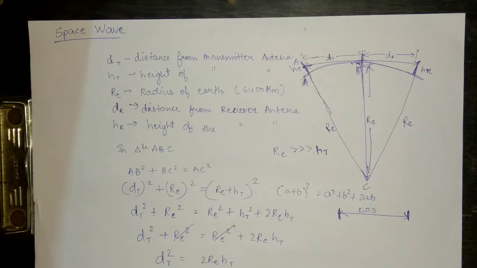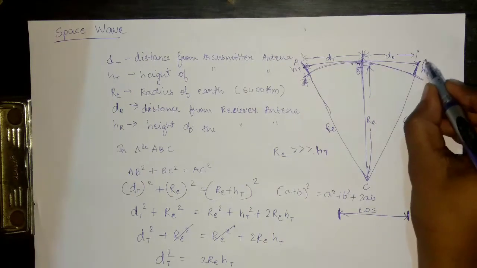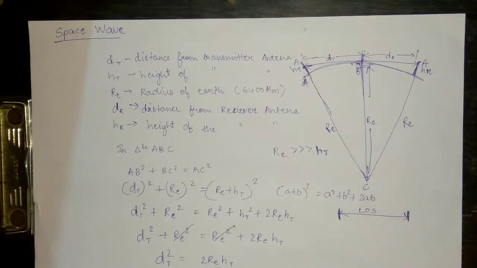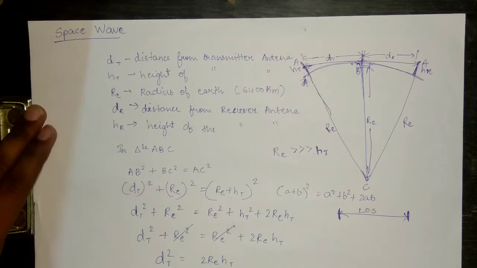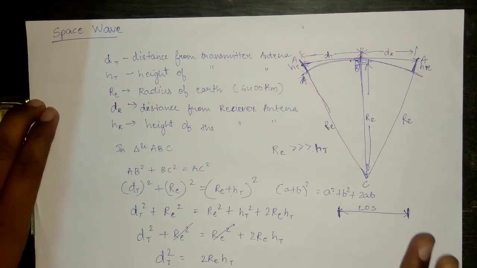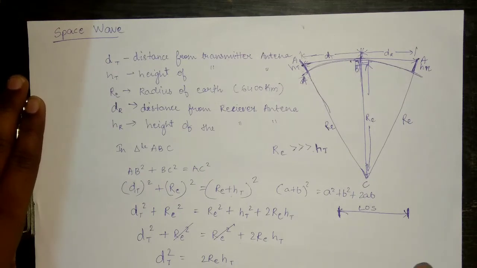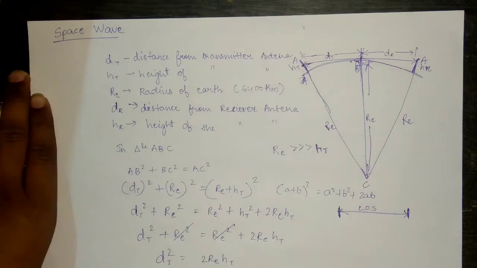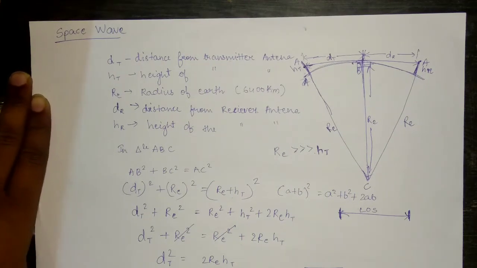Similarly, if you take this here A, then you can also calculate the DR. Please try to calculate DR on your own. This will be the same way by which you calculated DT. So DR will be under root 2REHR.